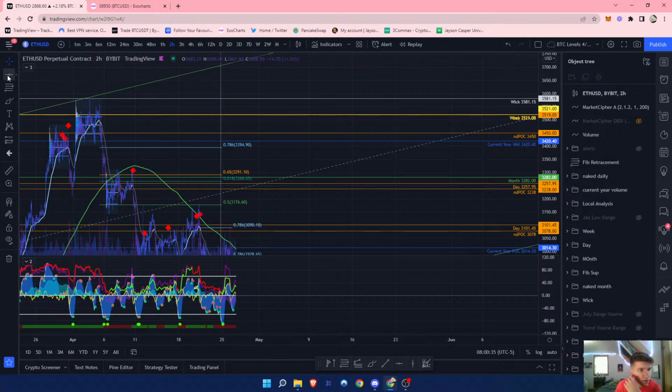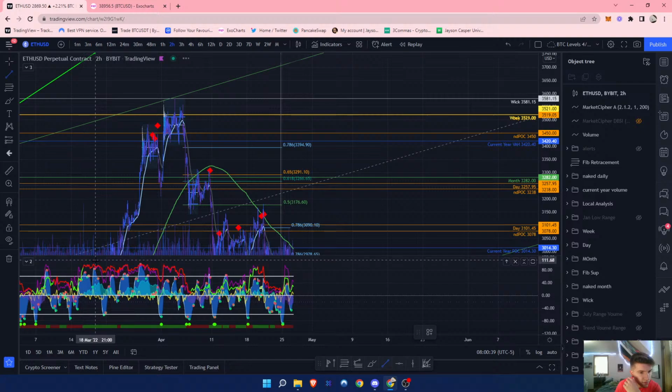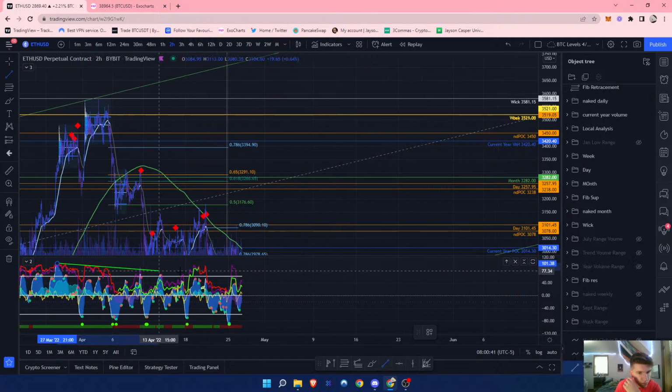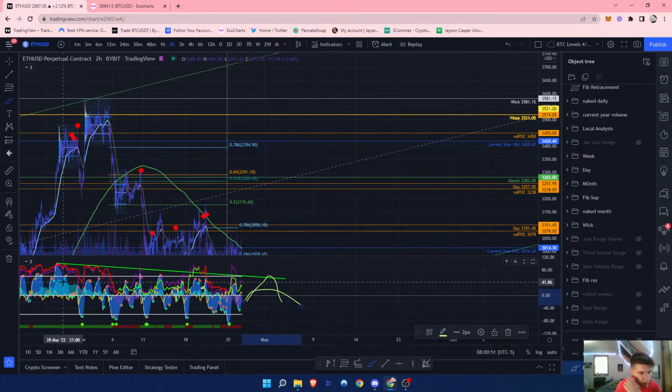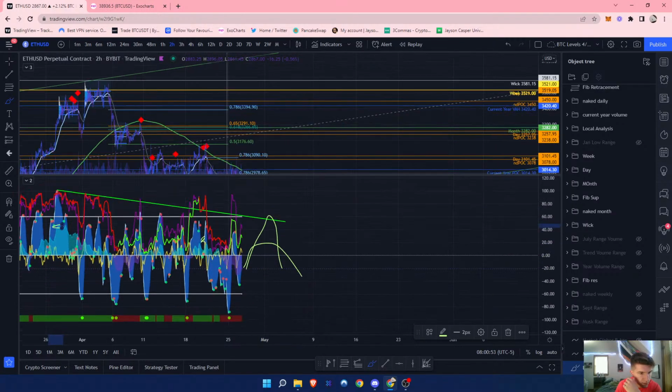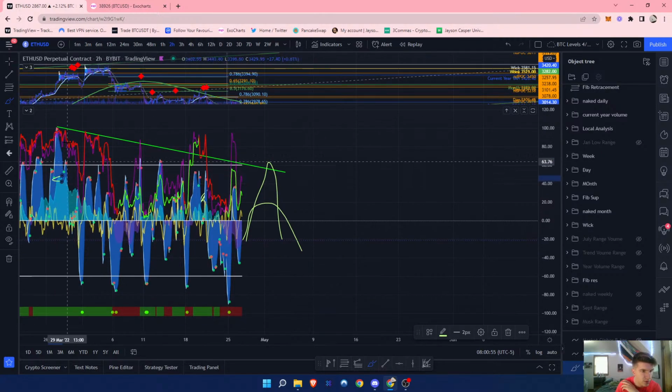Yeah, 2 hour. This might be a little bit more of a tricky divergence to spot, but really from this anchor wave back here, we'll have momentum coming up like that. The money flow just kind of doing that. Again, we don't want to see money flow coming above that point of this anchor wave.